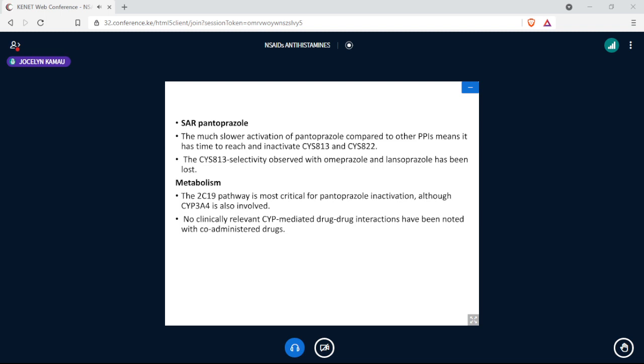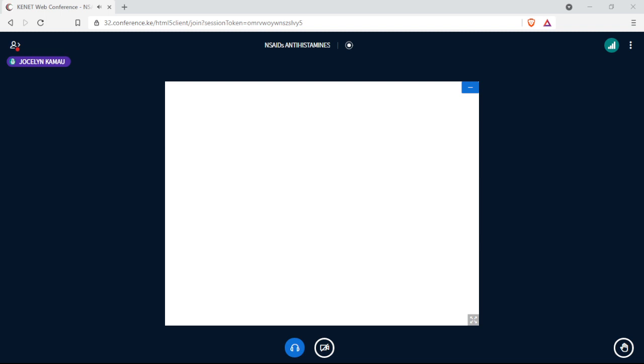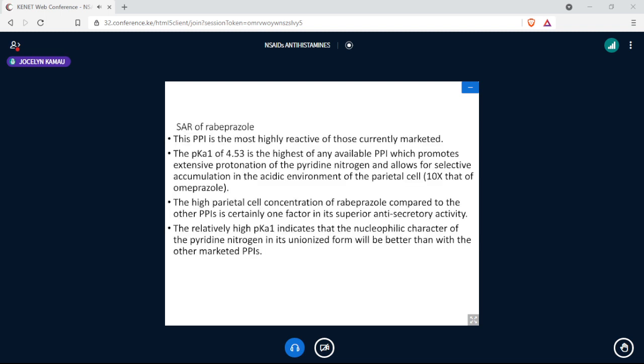We did mention esomeprazole: its rate of metabolism by cytochrome 2C19 is much reduced compared to omeprazole, and therefore there is a reduction in drug-drug interaction. And no wonder esomeprazole is a much better drug than omeprazole just by a change of stereochemistry.